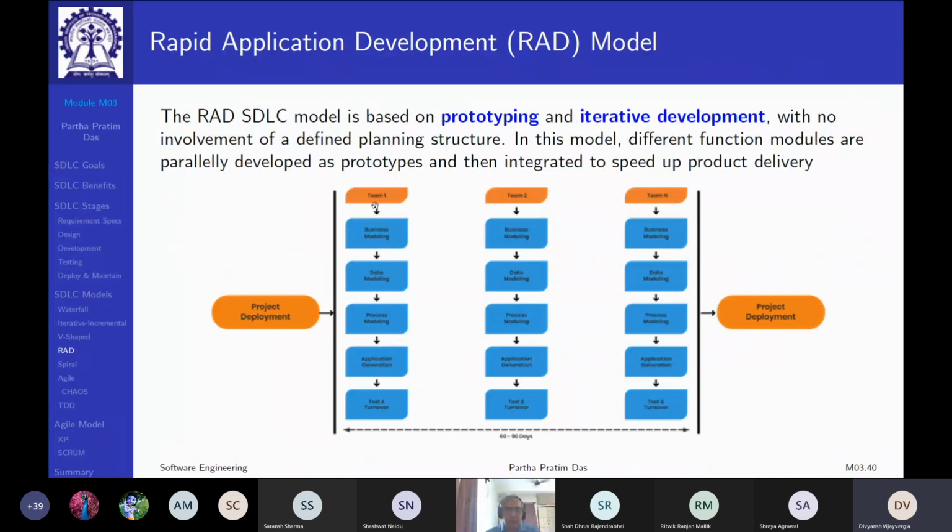From the beginning to the end of a particular prototype iteration cycle, you have multiple teams working, because you are working on smaller, well-defined tasks, and they are working in parallel. And that way, you can shorten the overall time for the project. A typical RAD cycle is typically 60 to 90 days. Okay. So 2 to 3 months is what you do a cycle.